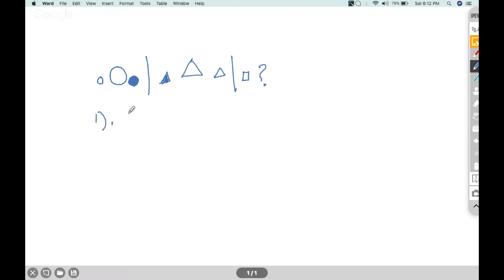The first option is, the second option is, the third option is, and the fourth option is, something like this. Which option? Yes, good. Option 2 would be the answer.